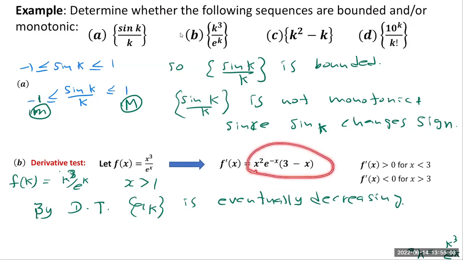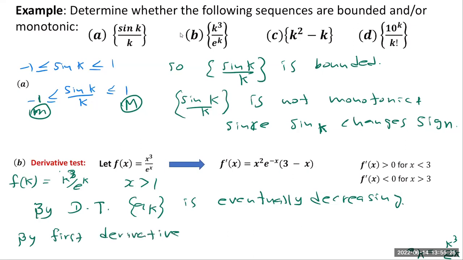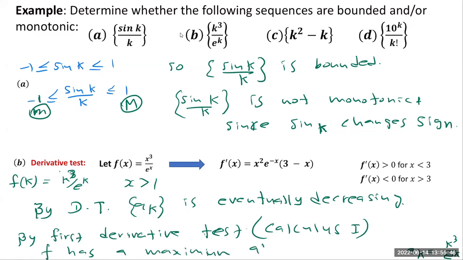You set the derivative to 0, find the zeros of the derivative, and use the first derivative test from calculus 1. From that, you should be able to see that f has a maximum at x equals 3.